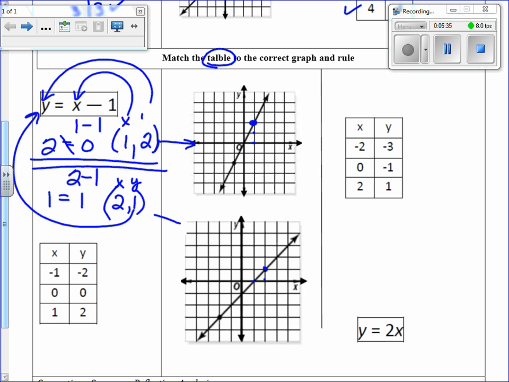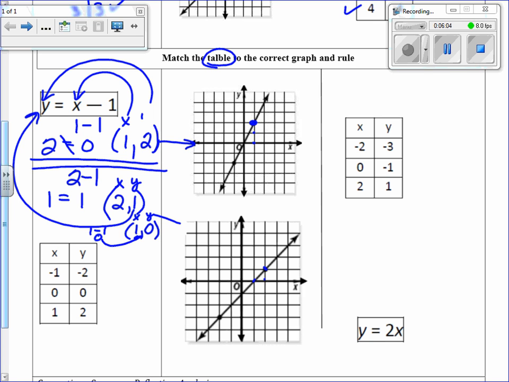What we want to do is check another point. So I'm just going to go over 1 and stay at 0 and pick (1, 0) as another point. That's my x, that's my y. 1 minus 1, all right, I'm substituting that 1 in for my x value in my rule up above. 1 minus 1 is 0.